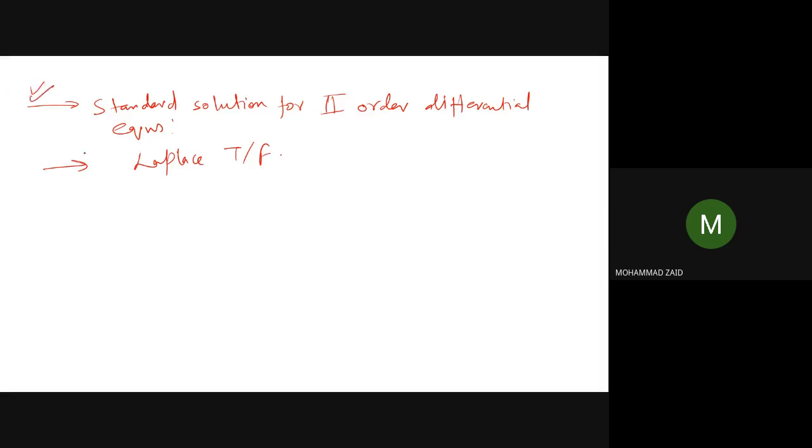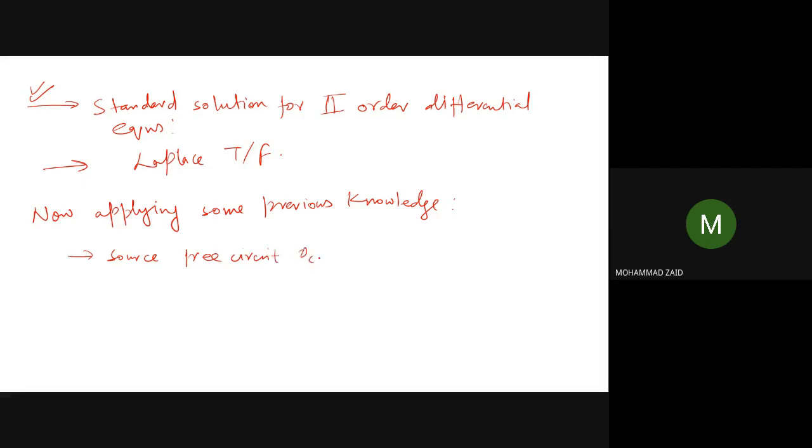Now, applying some previous knowledge. What do we know? We know that in a source-free circuit, the capacitor voltage v(t) will ultimately go to 0.